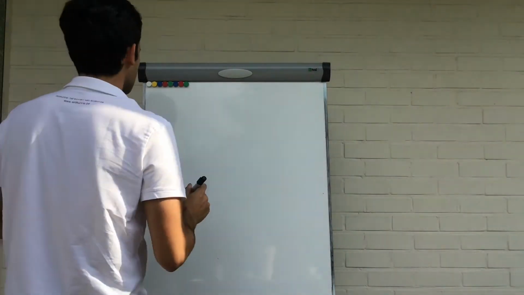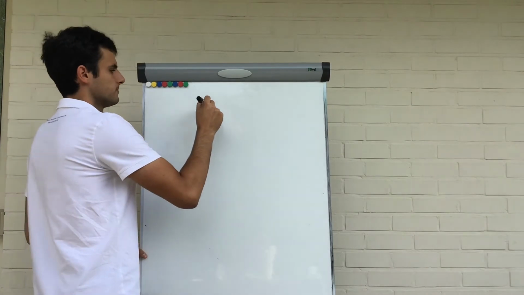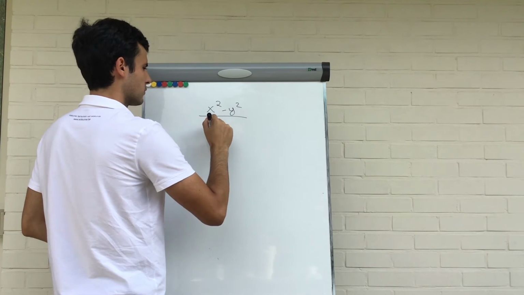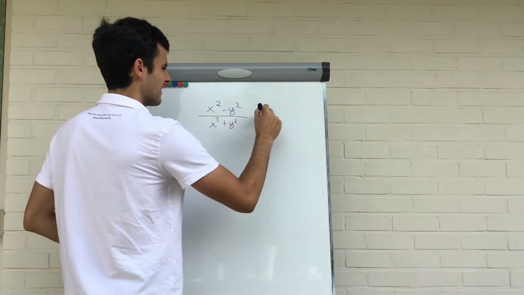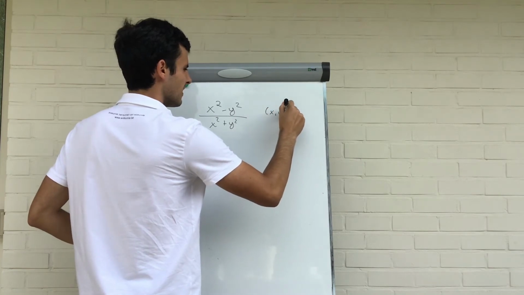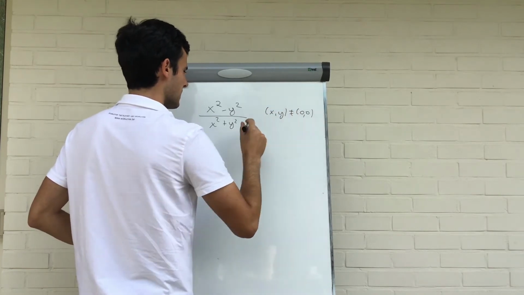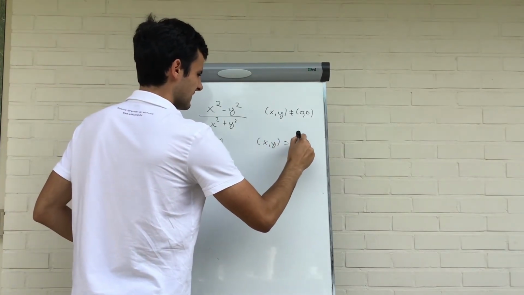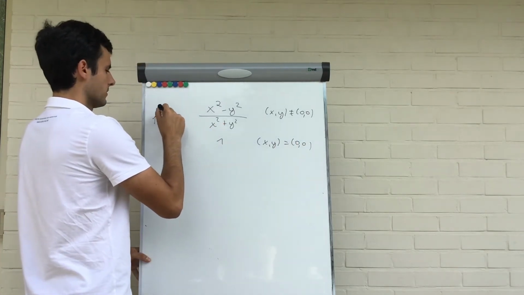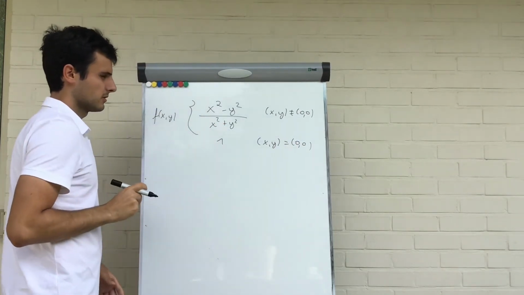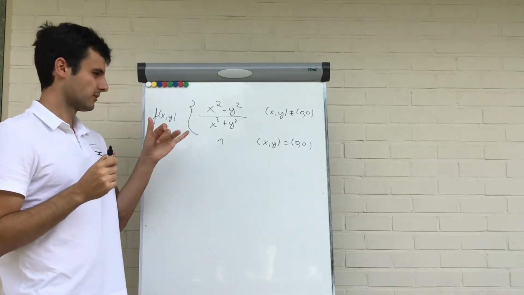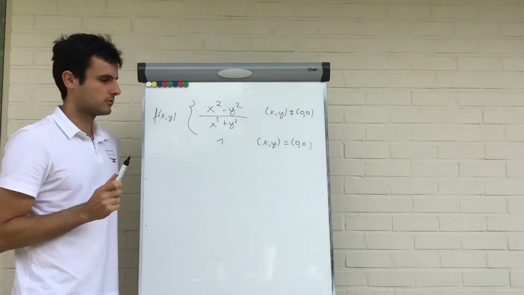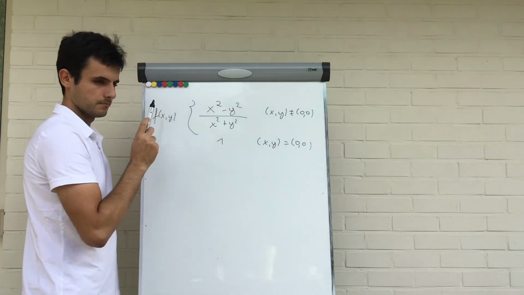For example, we have the function f of x y, which is x to the power of 2 minus y to the power of 2 divided by x to the power of 2 plus y to the power of 2 if x and y are not equal to 0, and if x and y are equal to 0, it's 1.